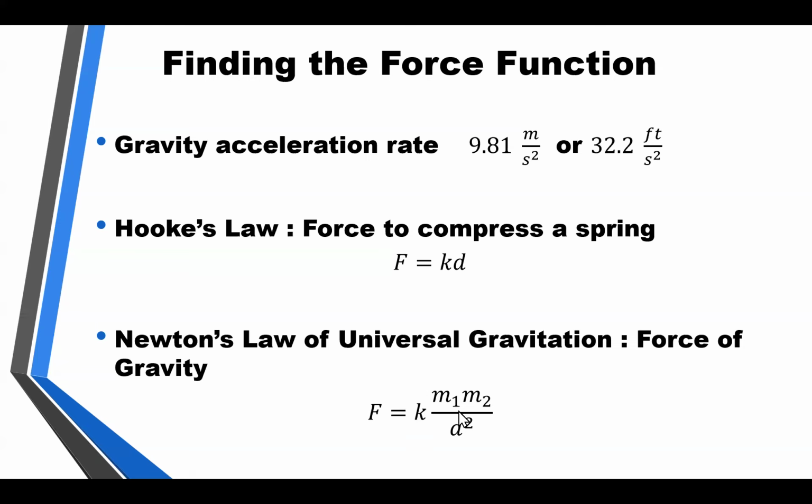So really, the numerator of this force function is just one big constant determined by a number of different factors: the two masses that were involved and the constant of gravitational attraction. And then the variable is going to be this d squared. D is the distance between the two objects.